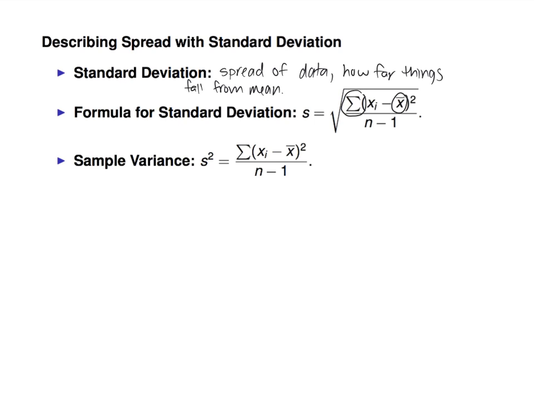So you take your first value minus your mean, and square it. Second value minus your mean, and square it, etc. And you divide by n minus 1, where n is your sample size. Now the reason it is what it is is complicated statistics that we're not going to go into, and I haven't actually learned yet. I will learn it probably next semester. And then you take the square root of the result.